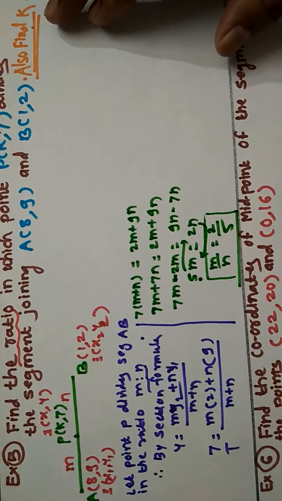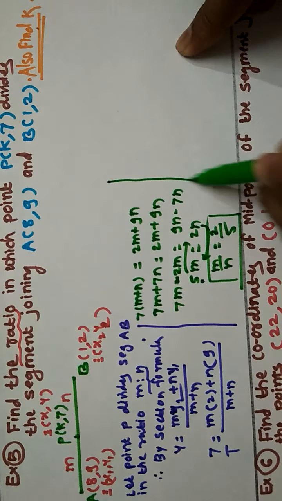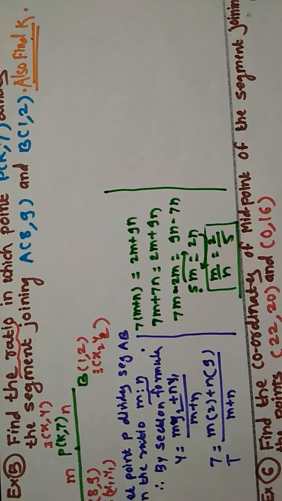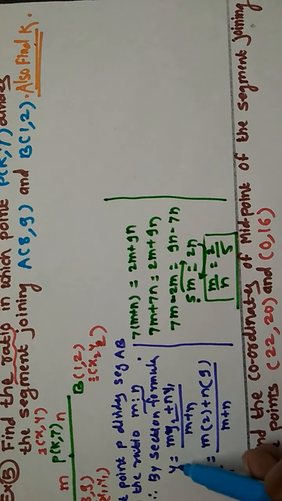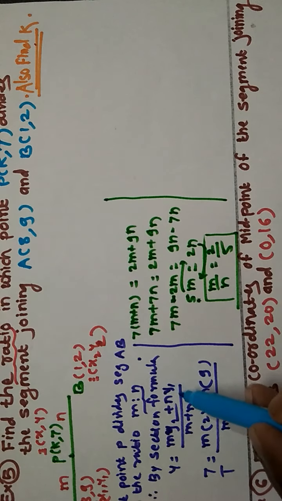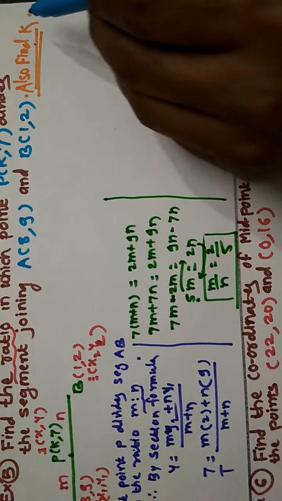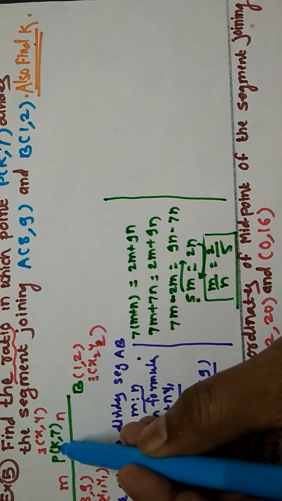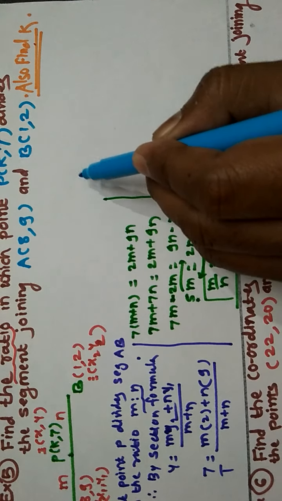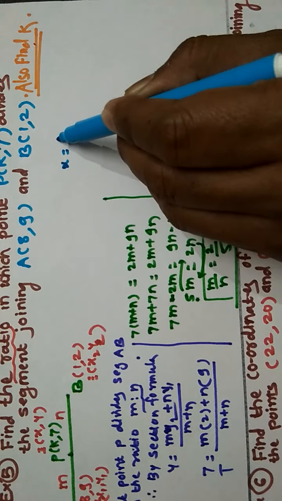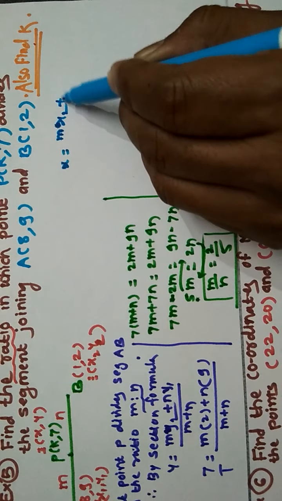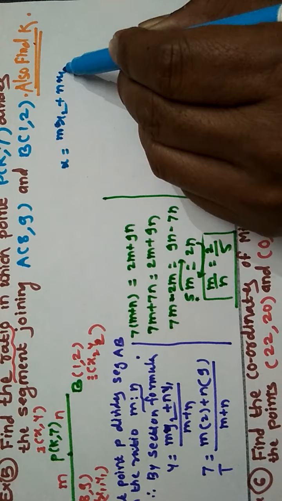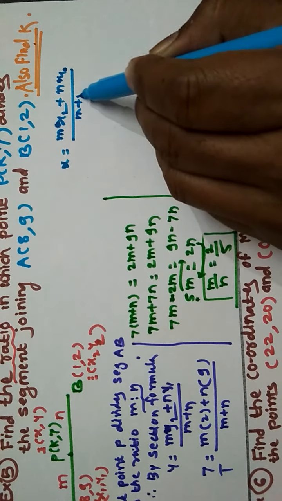Now our aim is to find k. How can we find the value of k? See here, first we used y is equal to (my2 plus ny1) divided by (m plus n). To find k, we use the section formula for x is equal to (mx2 plus nx1) divided by (m plus n).